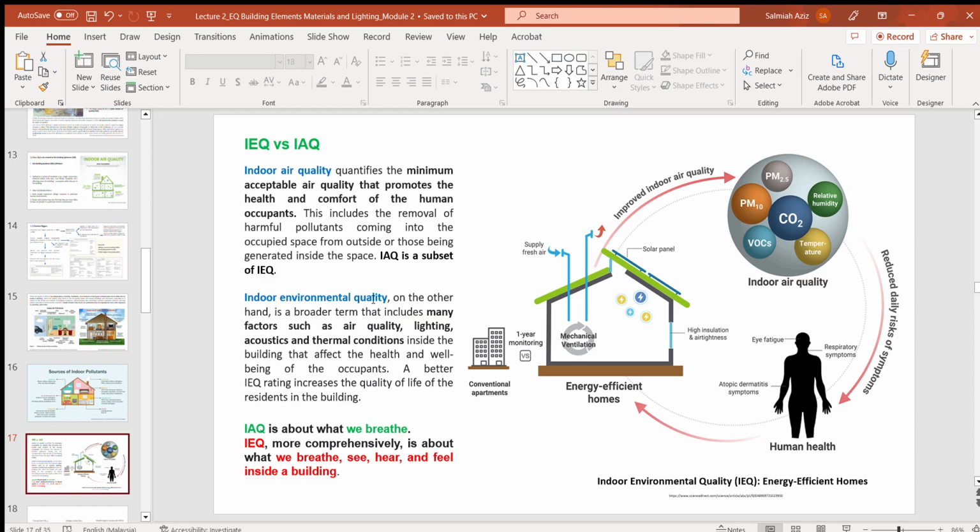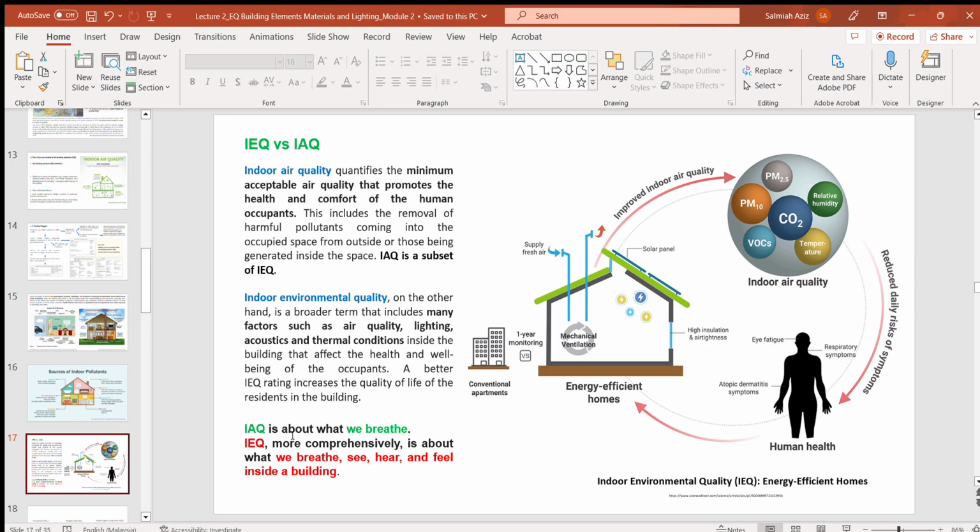What is indoor environmental quality? On the other hand, it is a broader term that includes many factors such as air quality, lighting, acoustics, and thermal conditions inside the building that affect the health and well-being of the occupant. A better IEQ rating increases the quality of life of the residents in the building.